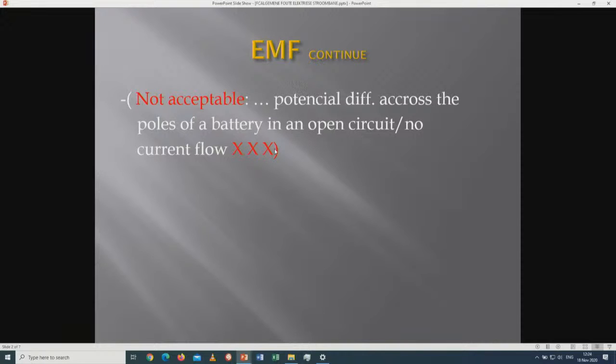This is actually a description of how you can determine the EMF. If somebody gives you a cell or a battery and asks you to tell them what the EMF of this battery is, this is how you can determine or measure the EMF. So this is a process of determining the EMF. It's not the definition, and it was clearly stated last year that this definition won't be accepted as a correct definition for EMF.